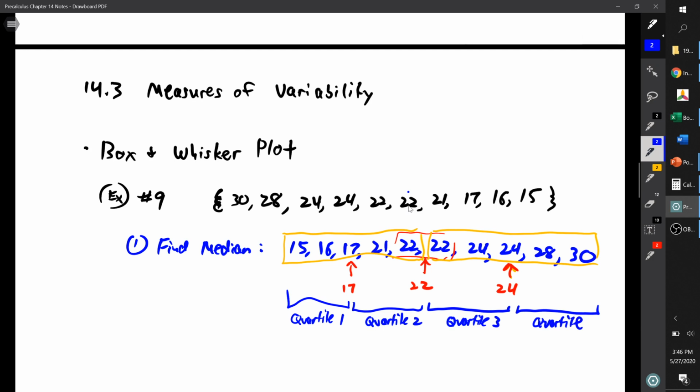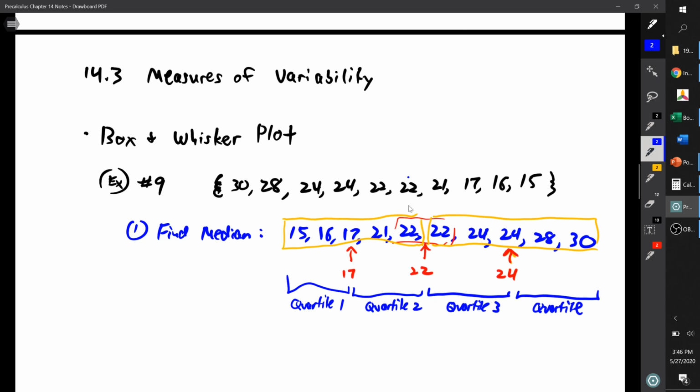The four quartiles of data are separated by three quartile points, which we're going to call Q1, Q2, and Q3.